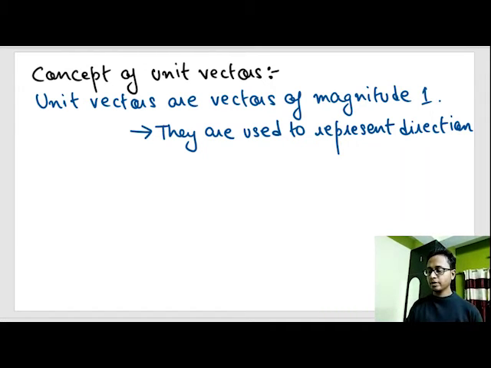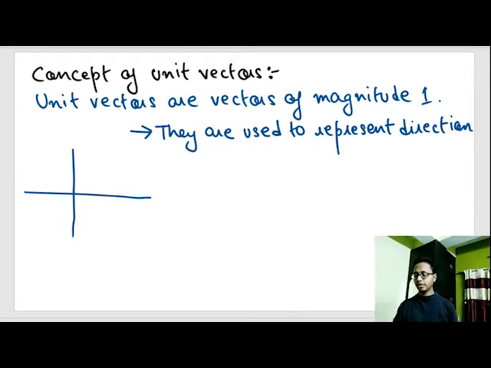Suppose someone asks me to travel 5 meters. I'll say I'll travel 5 meters, but in which direction? To say the x direction, he might say travel 5 in the i direction, or 5 in the j direction, that is, along the y axis. Now suppose a vector is given and I want to travel this much in this direction.